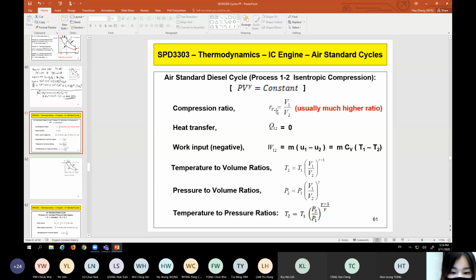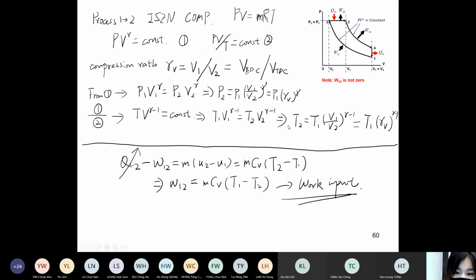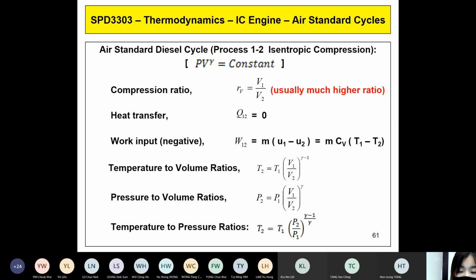Okay, let's make a start again. I have already shown you how to derive these equations for isentropic compression, right?